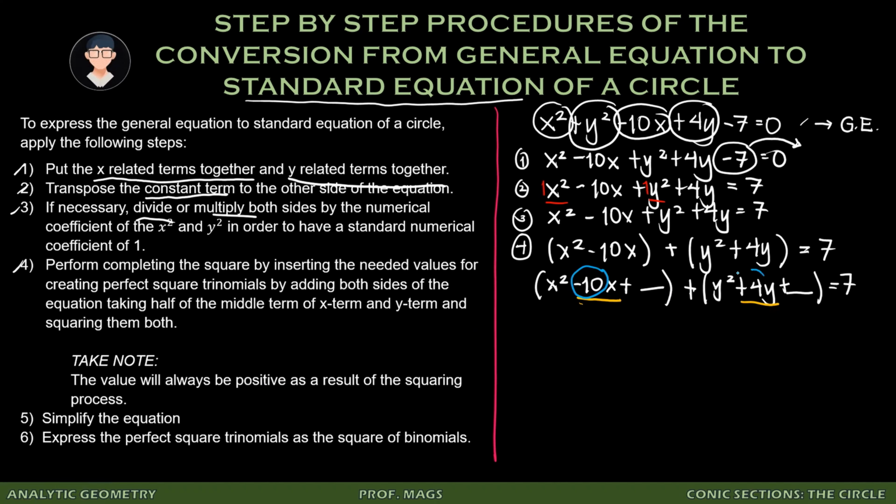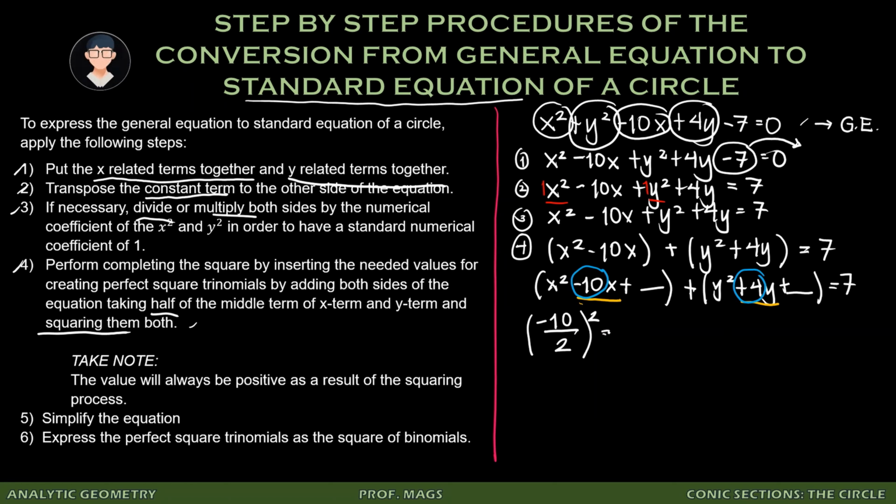Sa y term naman ay positive 4. So, negative 10, yung coefficient ng middle term divided by 2 as per rule dito, kasi kukunin natin yung half. Then we have to square it. So, ganyan lang yung completing the square method.